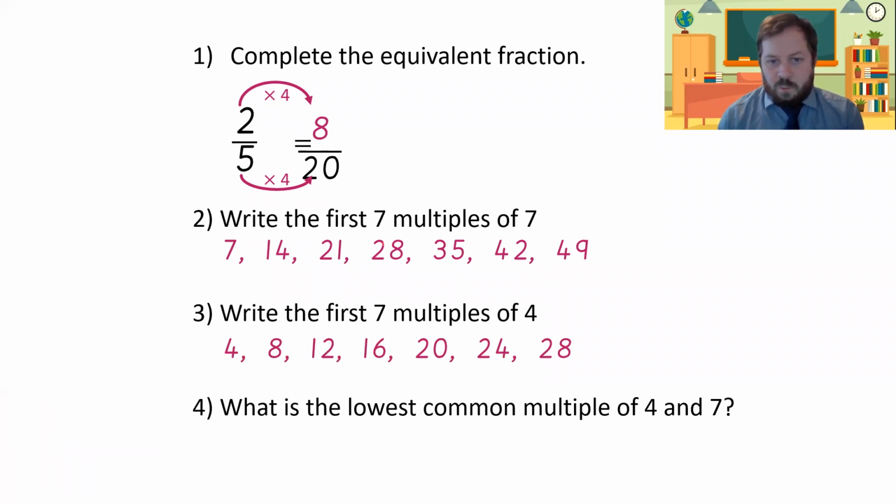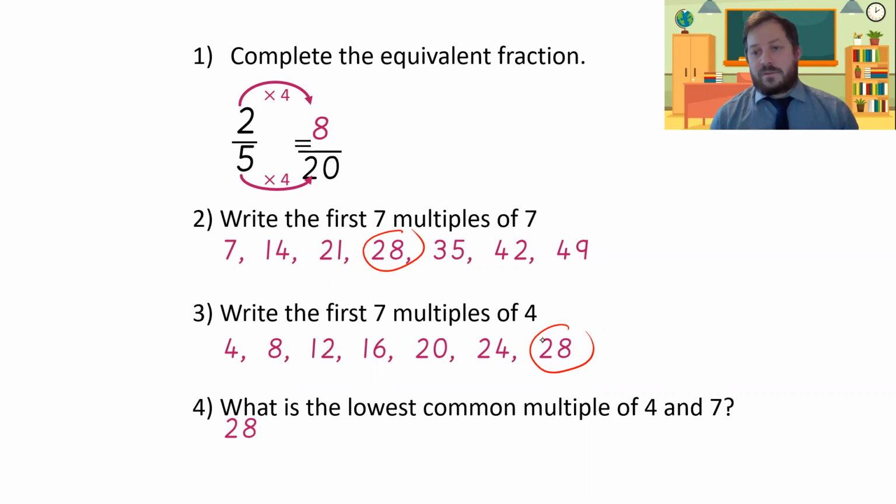So we go along here, what's the first number in both of these two? Well, it's 28. That's the lowest possible one, which is the same. So our lowest common multiple is 28. There is a trick here that you can look at, which is what 4 times 7 is, which is 28. But that's not always the case. But it is a very good use of a way of comparing fractions if we know we can just times 2 together to get a common multiple.